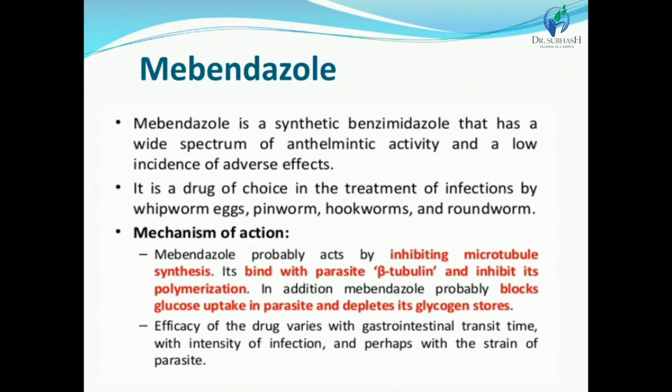In addition, mebendazole probably blocks glucose uptake in parasites and depletes their glycogen stores. Efficacy of the drug varies with the gastrointestinal transit time, with intensity of infection, and perhaps with the strain of parasite.